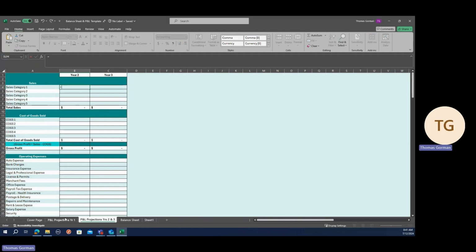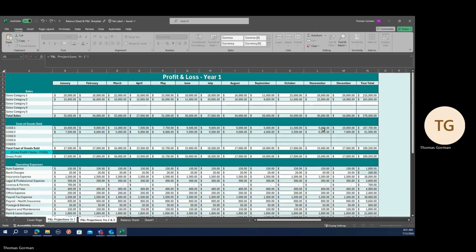Then we go back to year one and use this data, product one, year one, sales category one. We click that, and then we do times 1.1. We're using 1.1 because we said sales are going to increase by 10%.